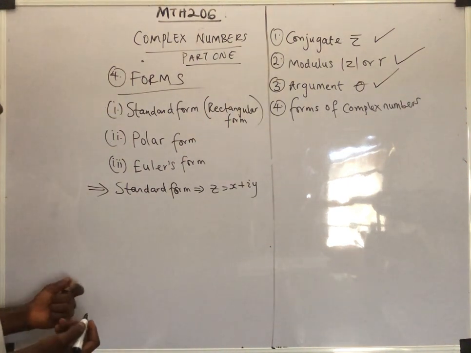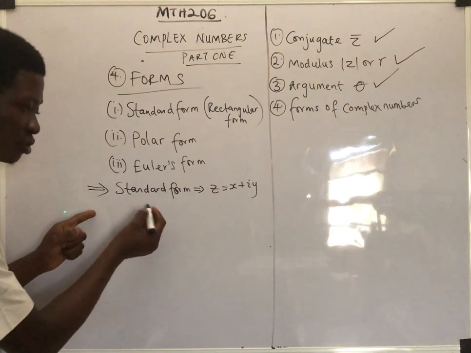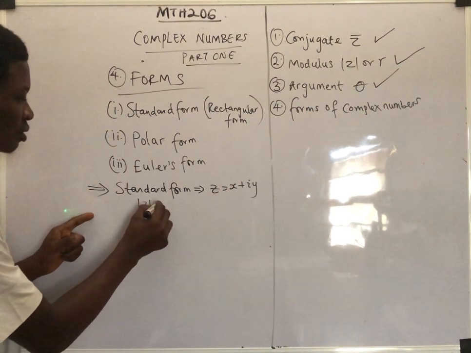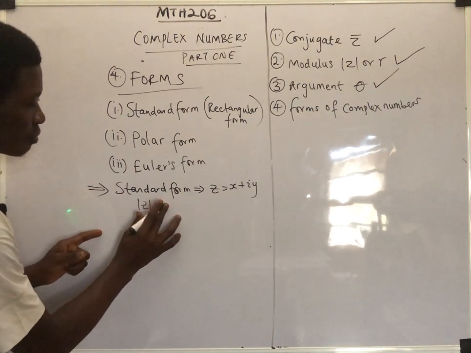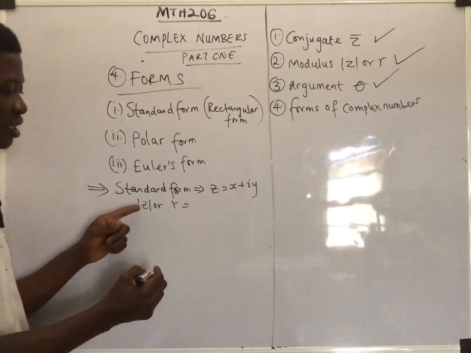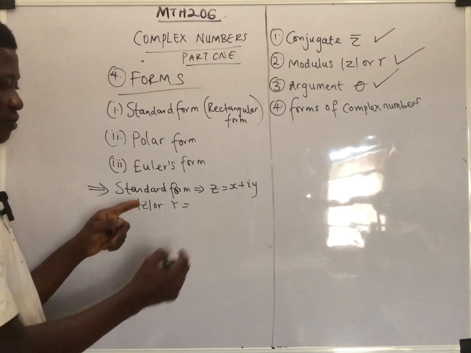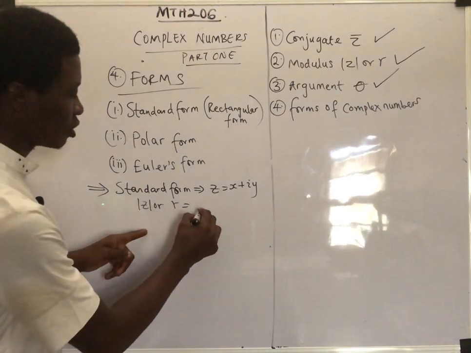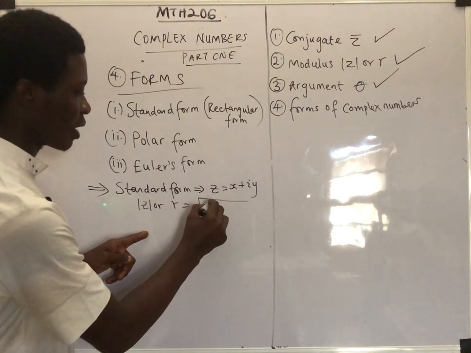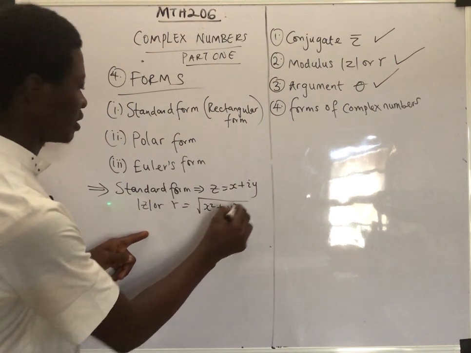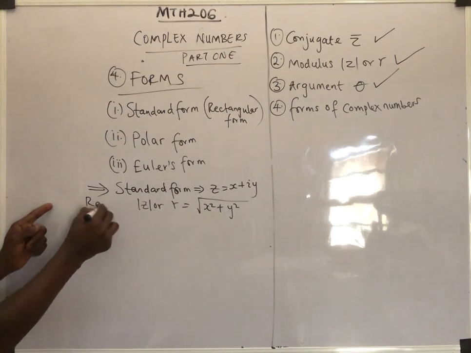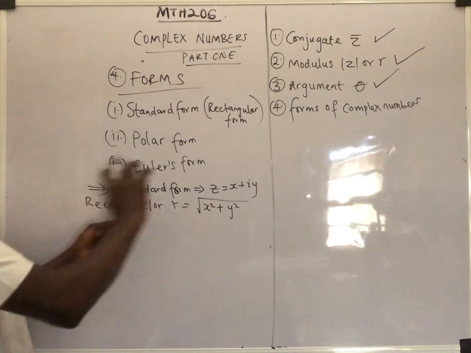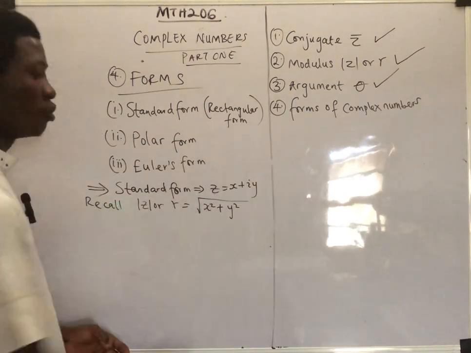From here, we usually mention modulus, or absolute value of z, or r, which is equal to the square root of x squared plus y squared. Now that is all for the standard form. This is how the standard form looks.